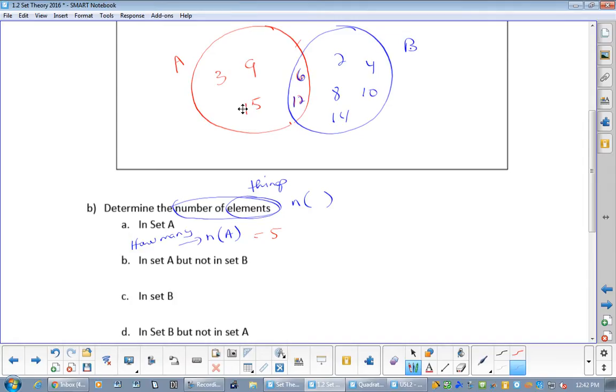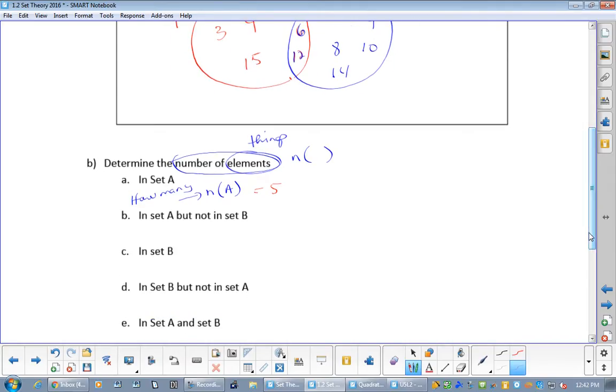Now what are the number of things in A but not B? Now, how could I write that out in symbol notation? I want to take this sentence and write it out first.